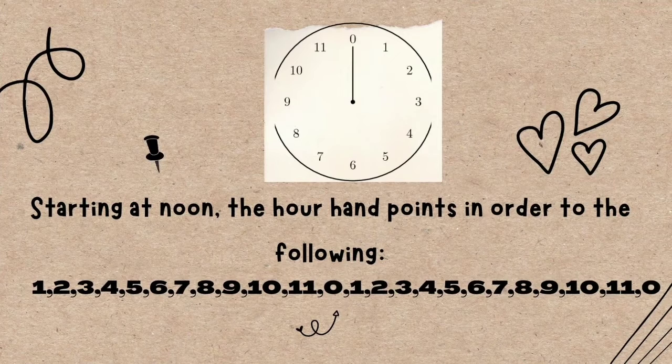Starting at noon, the hour hand points in order to the following: 1, 2, 3, 4, 5, 6, 7, 8, 9, 10, 11, 0, 1, 2, 3, 4, 5, 6, 7, 8, 9, 10, 11, 0.